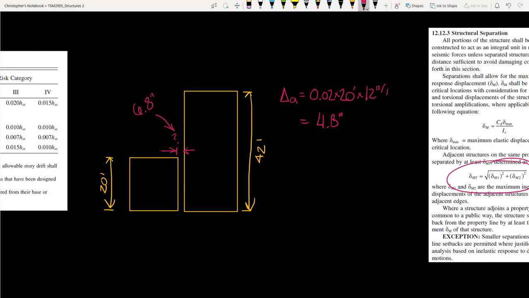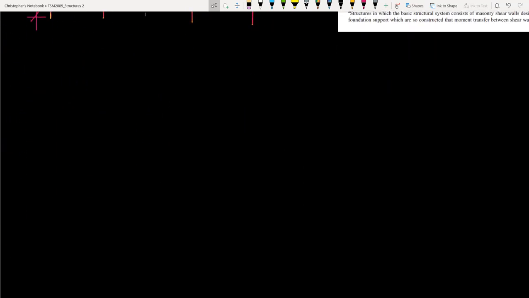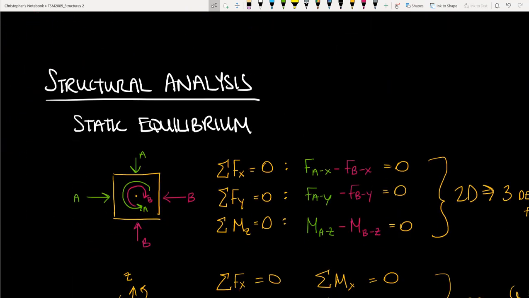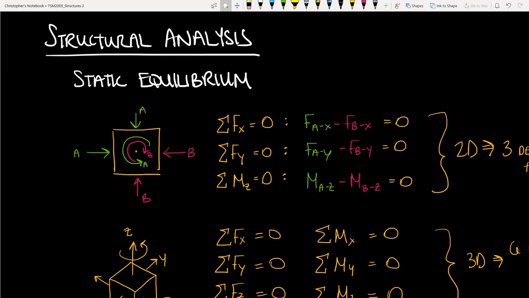Again, the structural engineer may be able to tighten up this value with additional analysis, but this is a good starting place for us. And so we will wrap up our discussion of seismic loads there. In the next video, we will start to talk about structural analysis, beginning by reviewing some principles learned in Structures 1 surrounding static equilibrium.